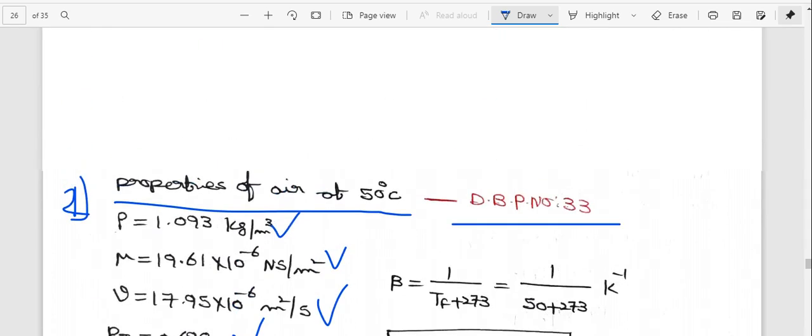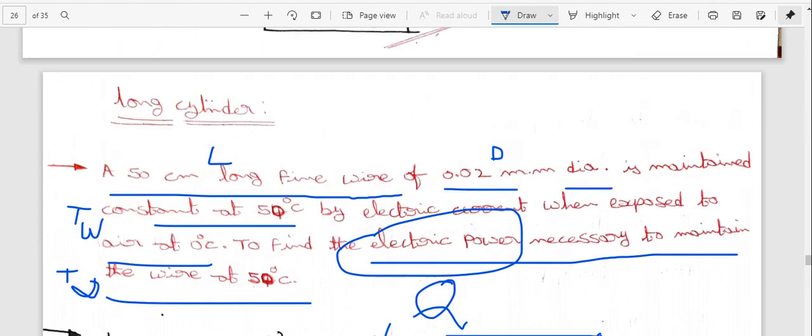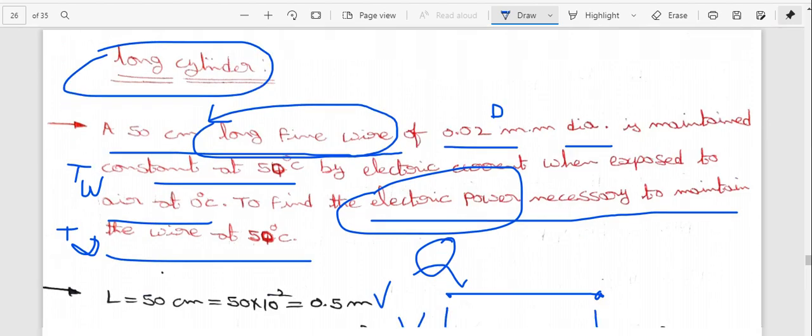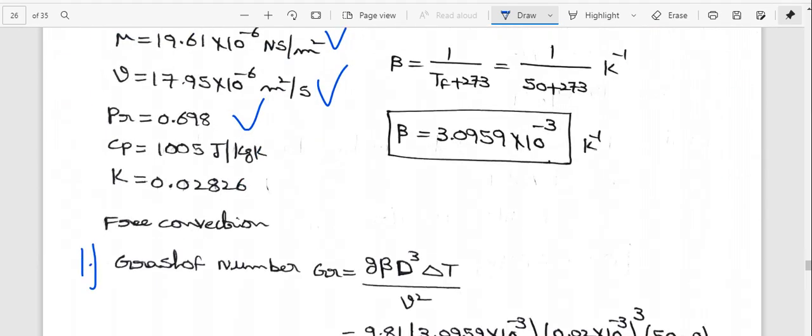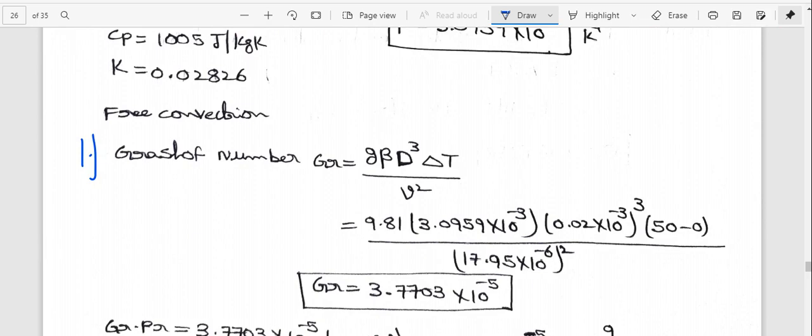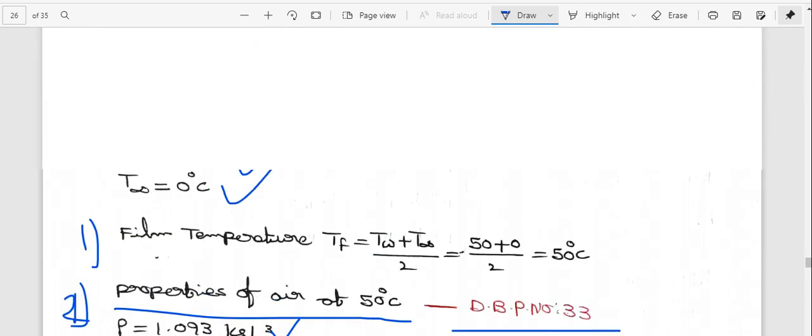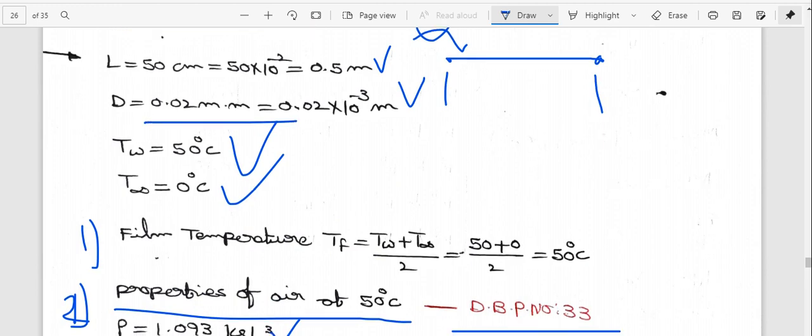So here the diameter value we need to consider. This is a long fine wire, a long cylinder, so we need to consider the long cylinder formula. The diameter is 0.02.